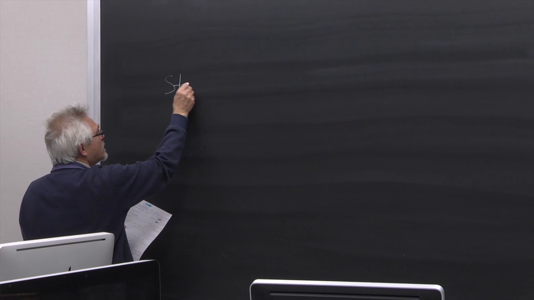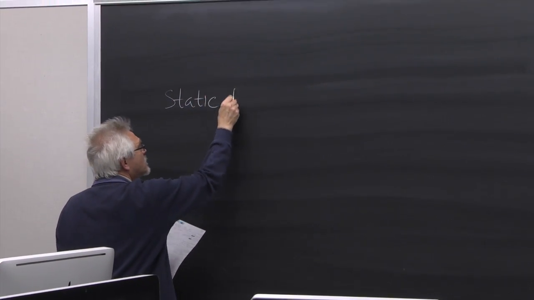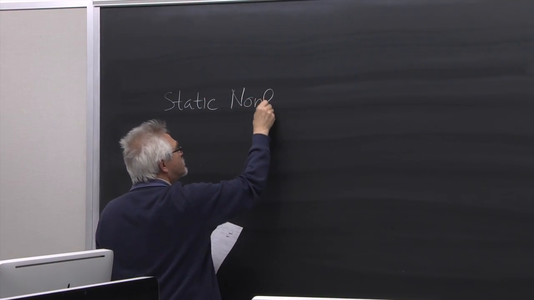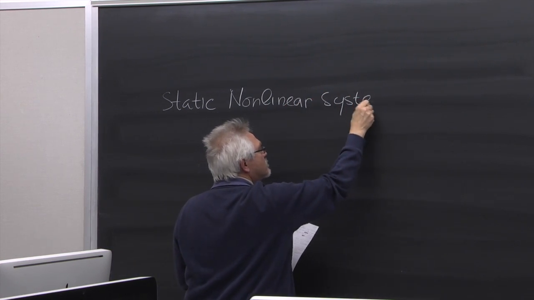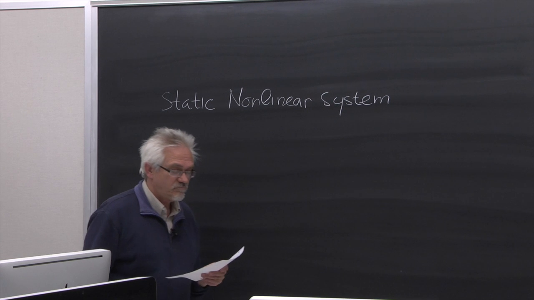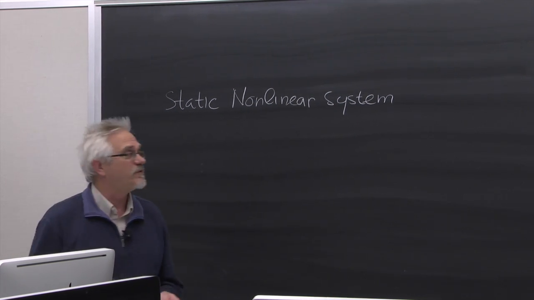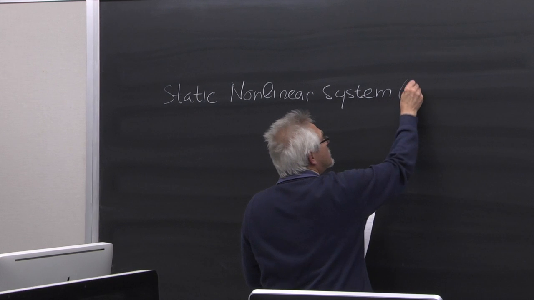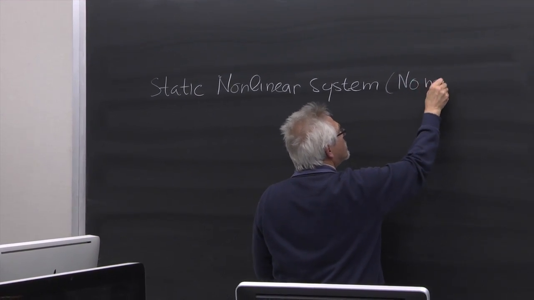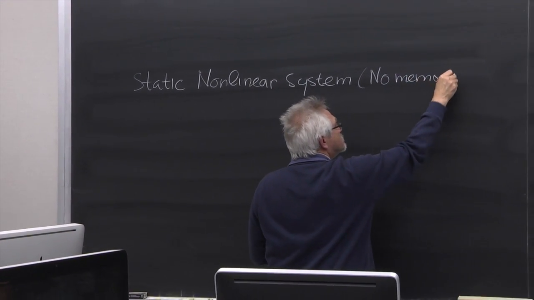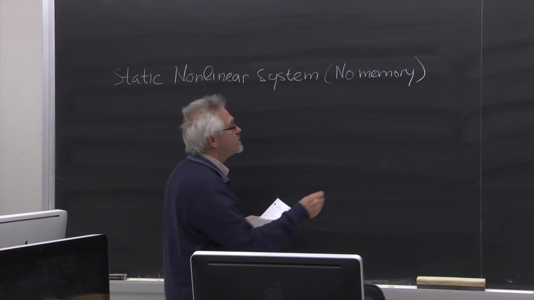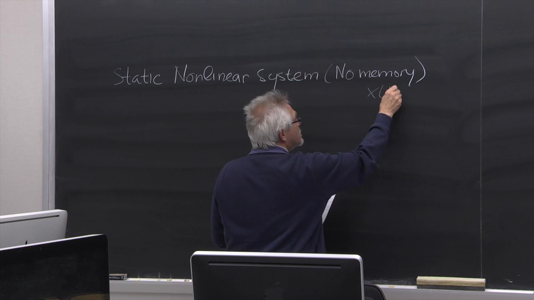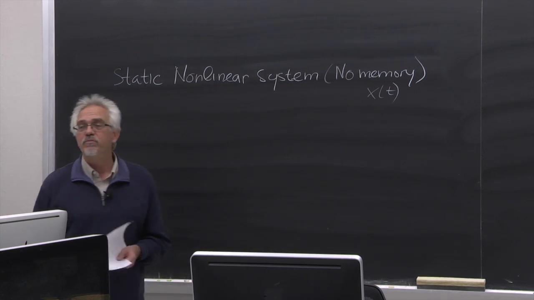If you have a static nonlinear system, it's basically the same thing. You do not have any memory. So there is no memory available. And if you call the output y, then basically the output y depends precisely on the input x.